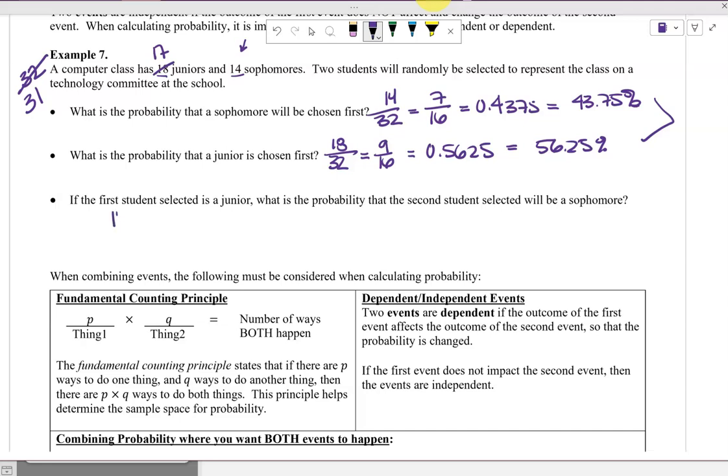So now it's going to be 14 over 31 because one of those kids has already been chosen. One of the juniors is already gone. So 31 kids total, not 32. So 14 divided by 31.